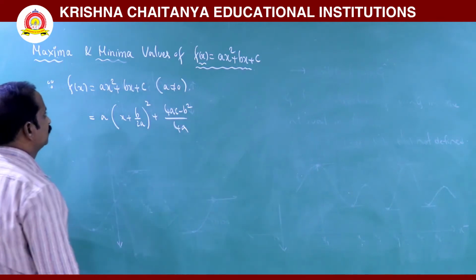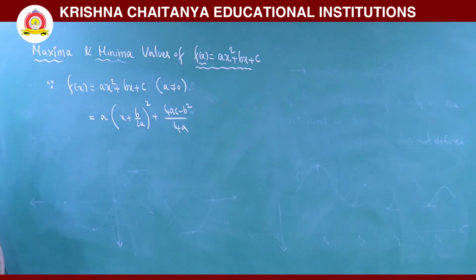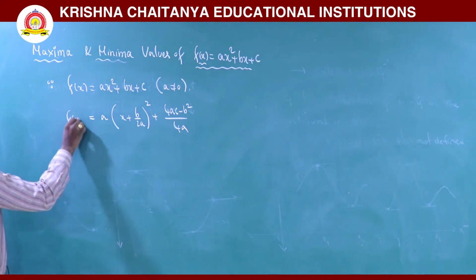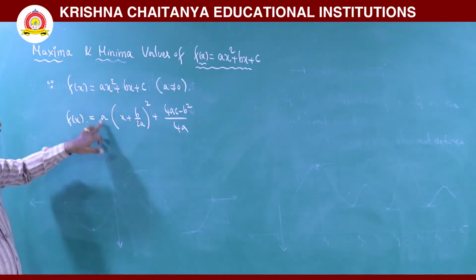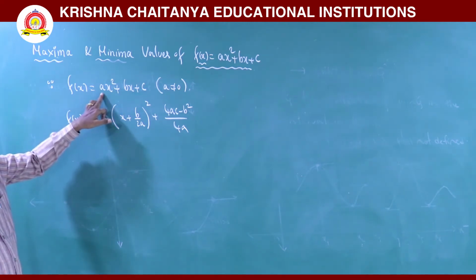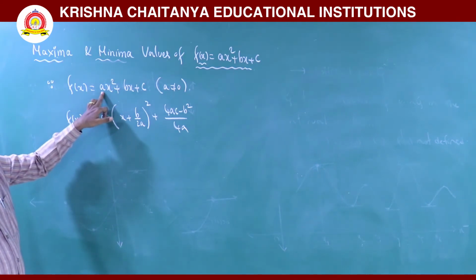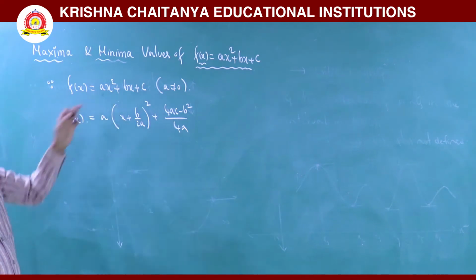Already we know that it can be written like that. So this is f of x. Now for the quadratic, if a is positive, the curve opens upwards. If a is negative, the curve opens downwards.